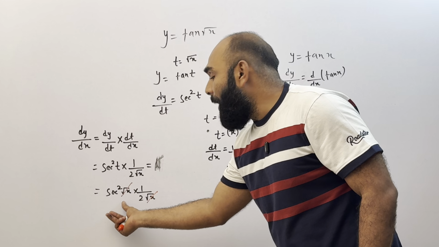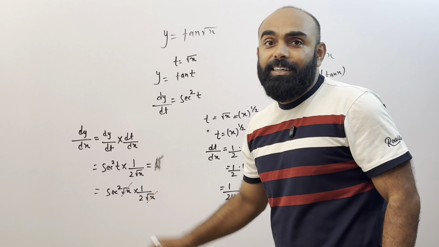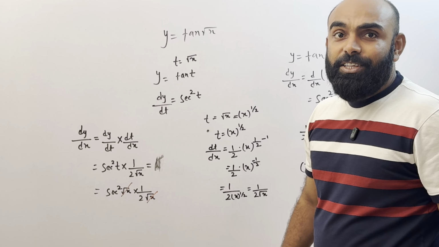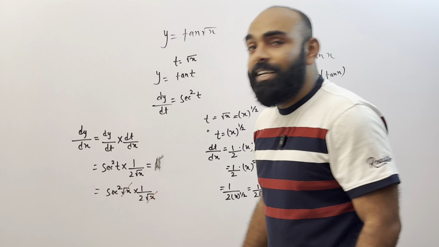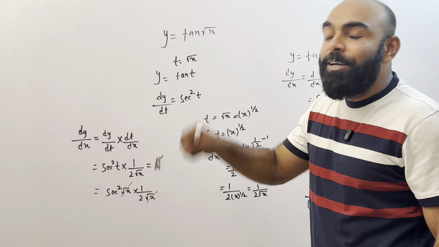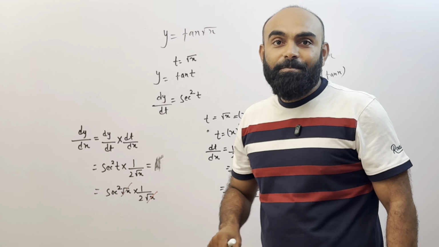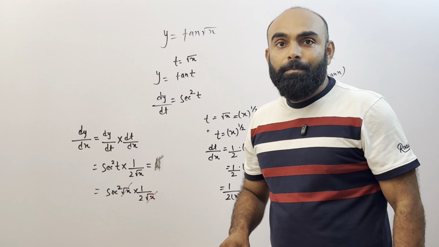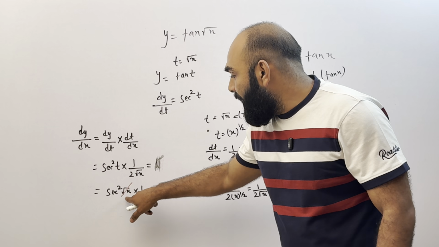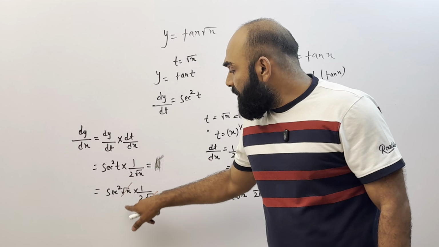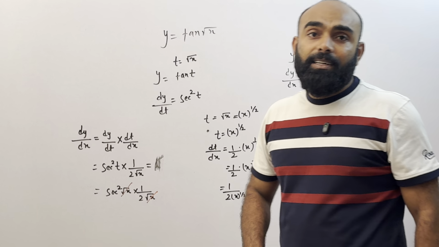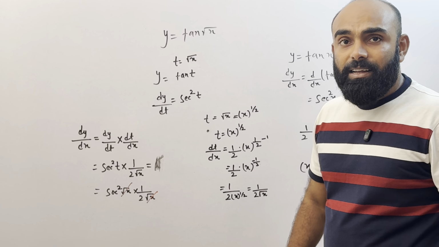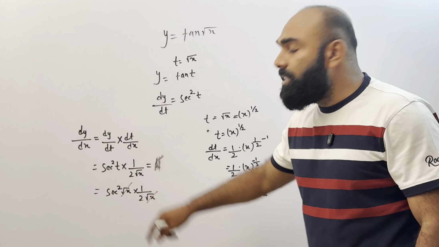Root x is the angle of sec, so you can't cancel this root x with that root x. I have seen students making this mistake a number of times. This root x is the theta of this sec. I can't cancel these two.